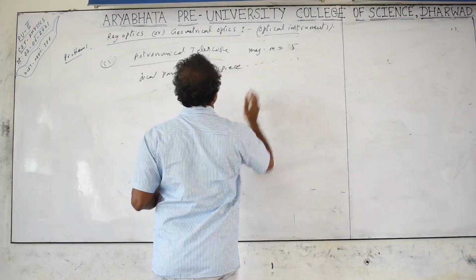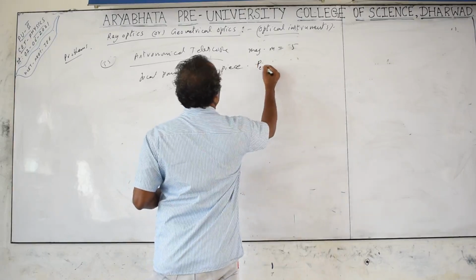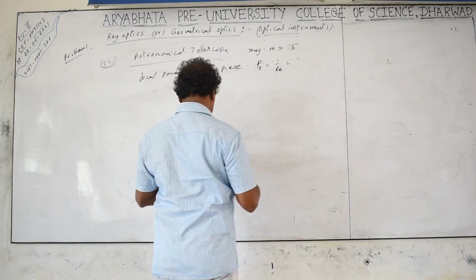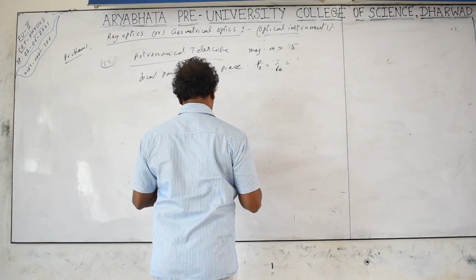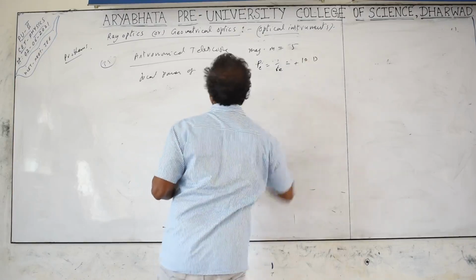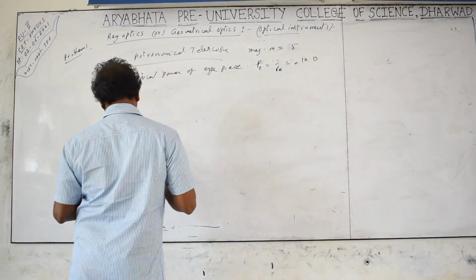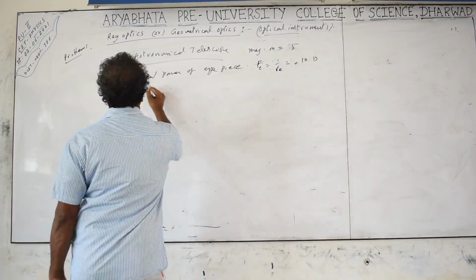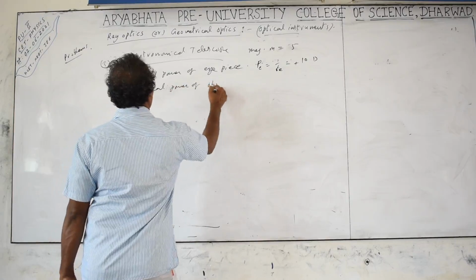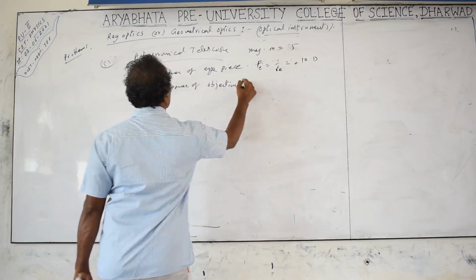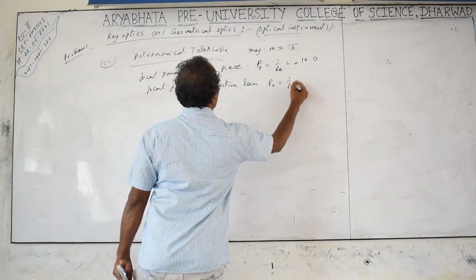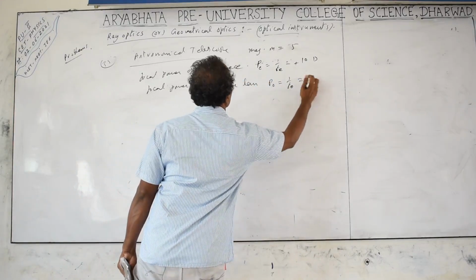Focal power of the eyepiece is 1 by focal length of the eye lens, which equals 10 diopters. You are asked to find the focal power of the objective lens.